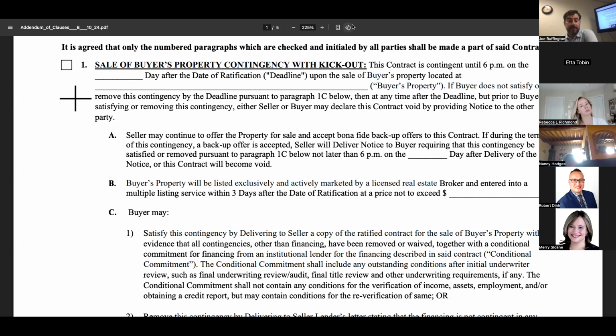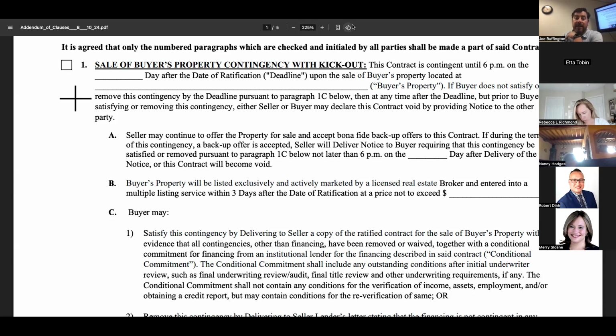Joe, what status would this home be in the MLS? Yeah, so you're going to be in active under contract or pending status. We talked about this on Tuesday's call. We used to have contract kick out and contract no kick out.